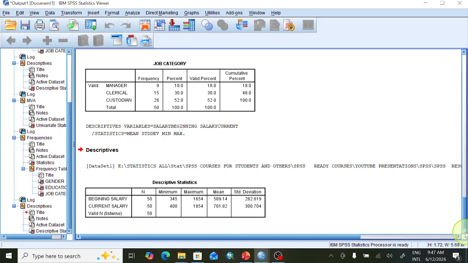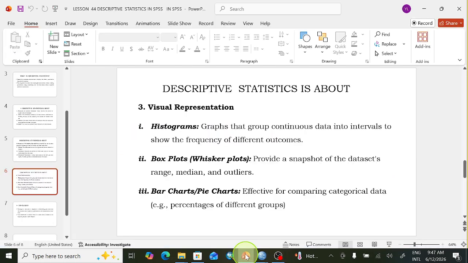So this is usually a very important table that we present at the beginning of your results, and it tells the audience or the person reading your work about the information. And usually if you have information like demographic information and all that, that is presented in this table at the beginning of your results.